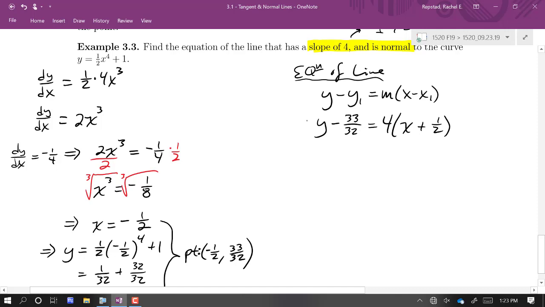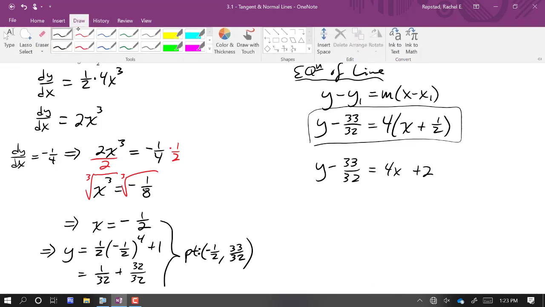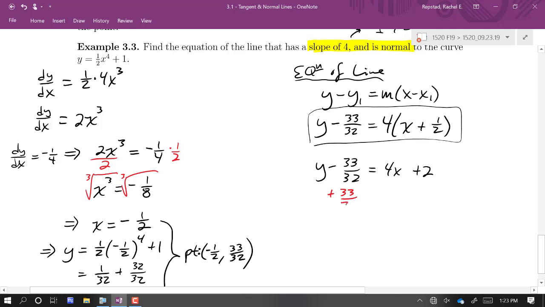We could leave it in this form, or we could get it in slope-intercept form. Let's see, 2 is 64 over 32, and 64 plus 33 is 97.